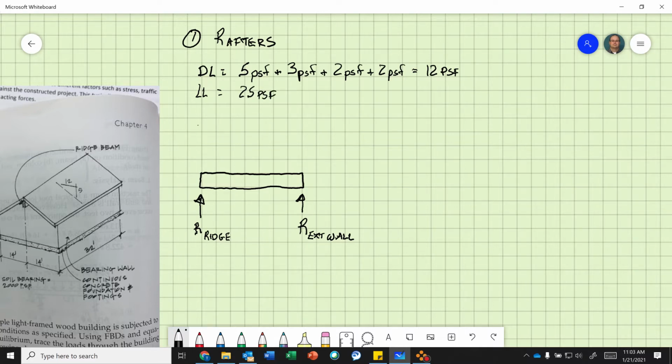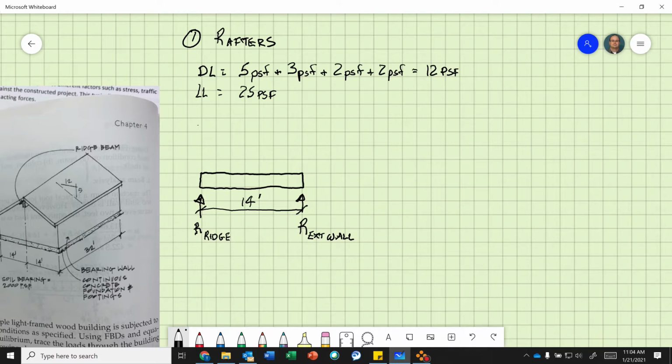What we need to do is finish my free body diagram here. We know our rafter span between the ridge board and the exterior wall is 14 feet.